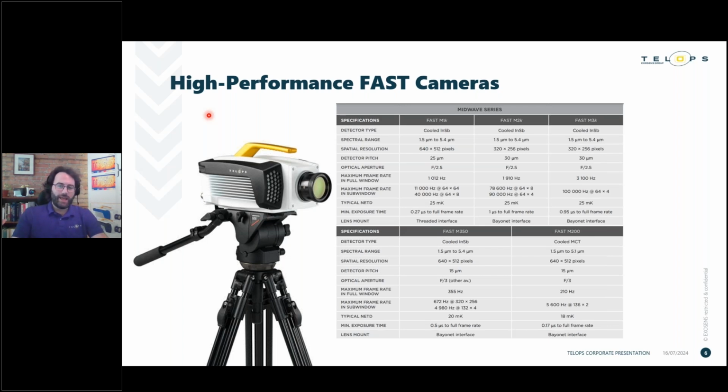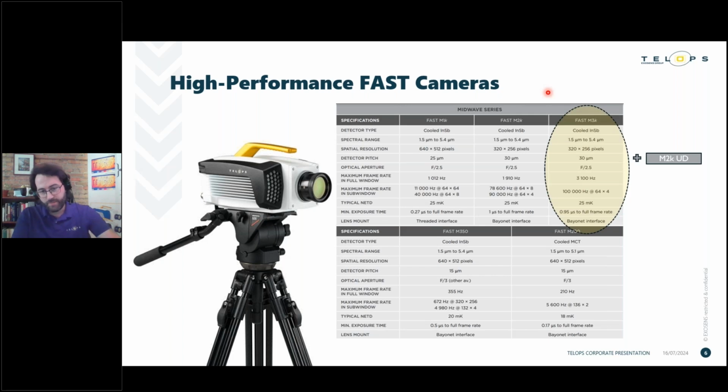But it can be confusing if you're starting in the field, or if you only know one spectral band, one kind of camera: where to go if you have a new application, if you're interested in another kind of infrared imaging, how to choose your camera. There's a bit of a sea of options when you're looking at a new camera.